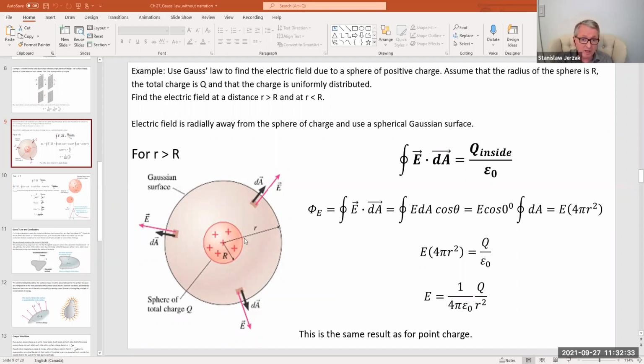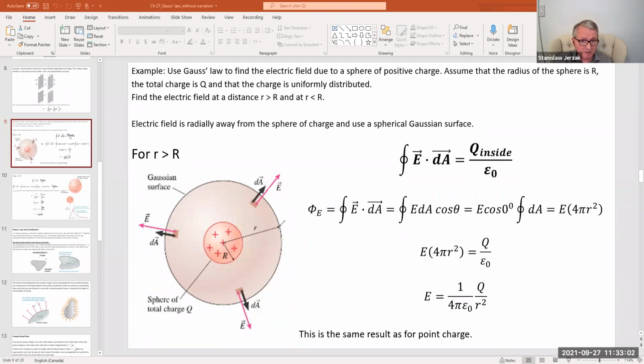So what we did was this. We had a sphere of charge, let's say a piece of plastic, spherical in shape, with positive charge embedded in it, and the volume charge distribution is uniform. We want to calculate electric field at a certain location, a distance r from the center of the spherical charge.